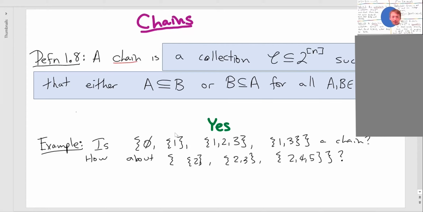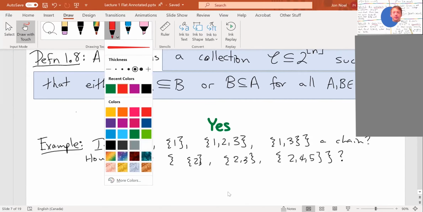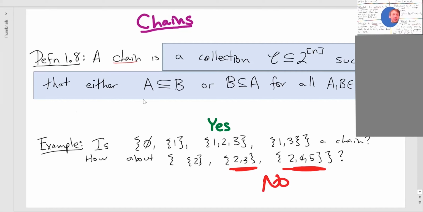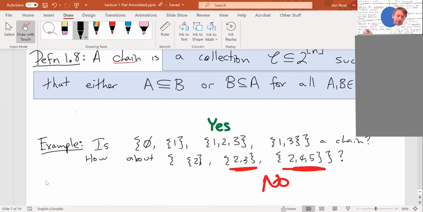So the empty set is contained in 1, 1 is contained in 1, 3, 1, 3 is contained in 1, 2, 3, and therefore it's a chain by transitivity of the subset relation. Next, 2, 3 and 2, 4, 5. 2, 3 is not contained in 2, 4, 5. Obviously 2, 4, 5 is not contained in 2, 3 because it's bigger than it.